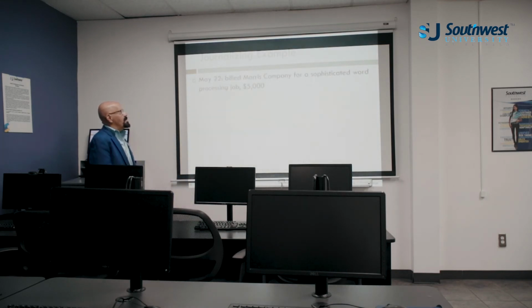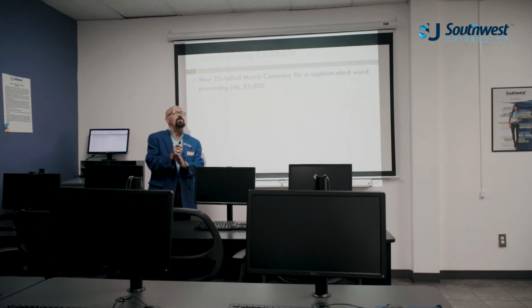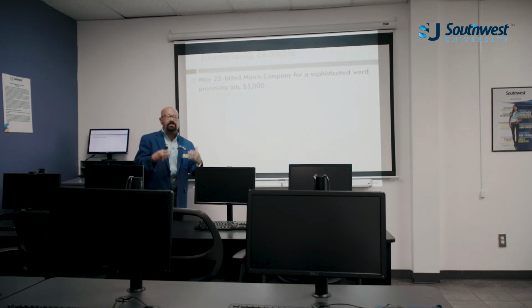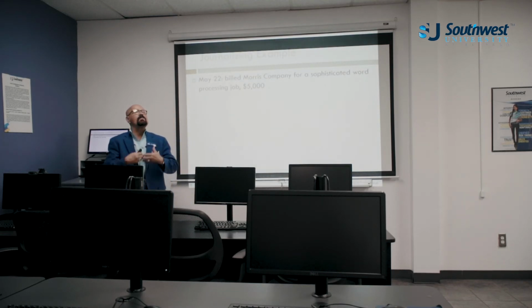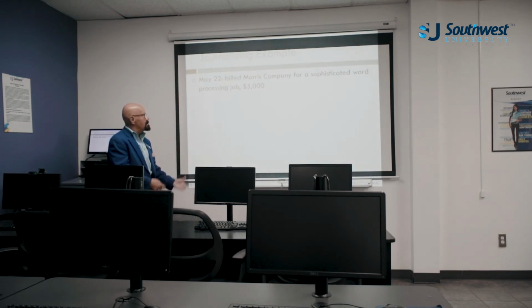Bill Morris Company for a sophisticated word processing job for $5,000. Now, she billed him. Billed is a key word because we haven't collected any money yet. So now we're going to introduce a new concept called accounts receivable. And this is when people owe you money for services rendered. Okay?